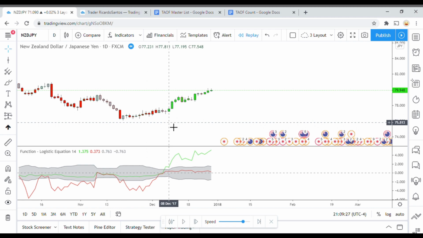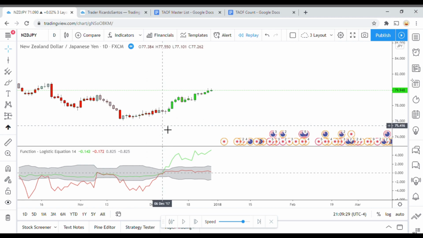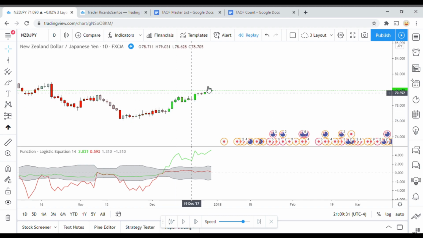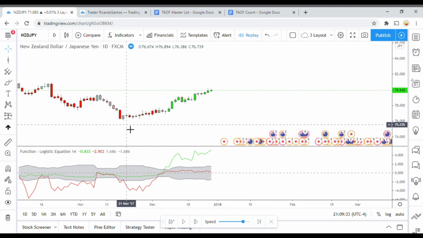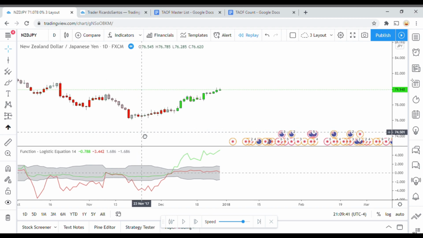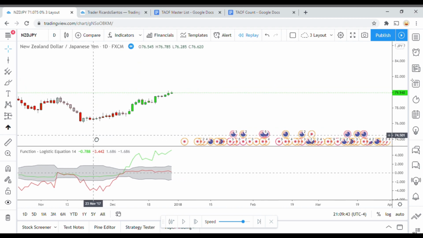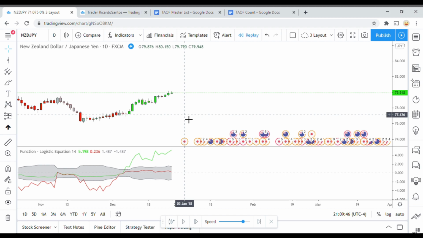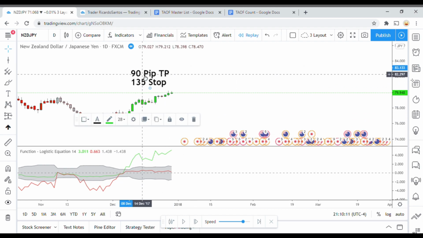And so it's pretty simple. When the candles go green, that's a signal to go long. When the candles go red, that is a signal to go short. And so that's pretty much how we will be trading it and testing it today.